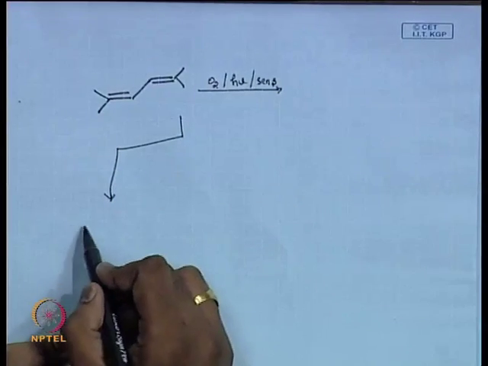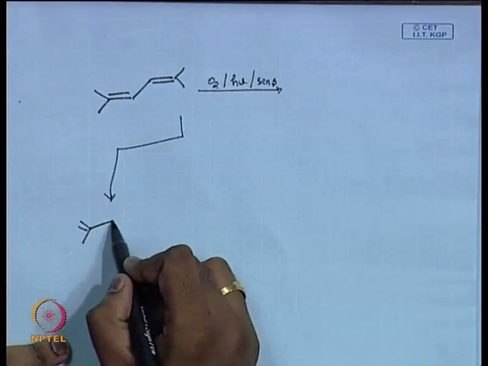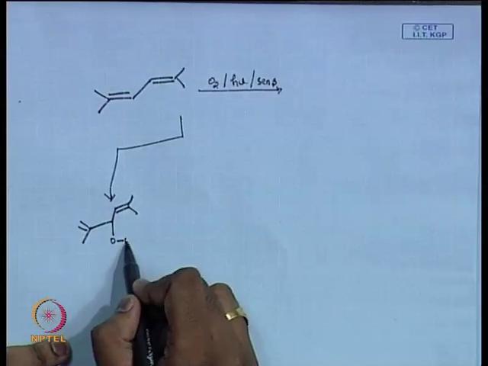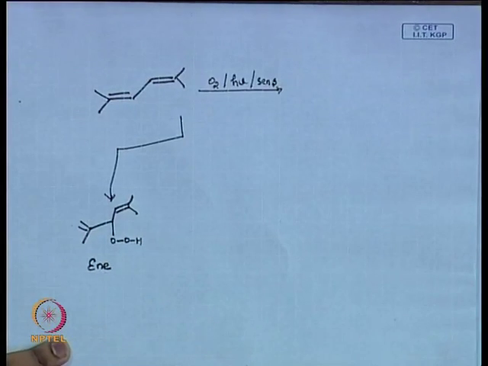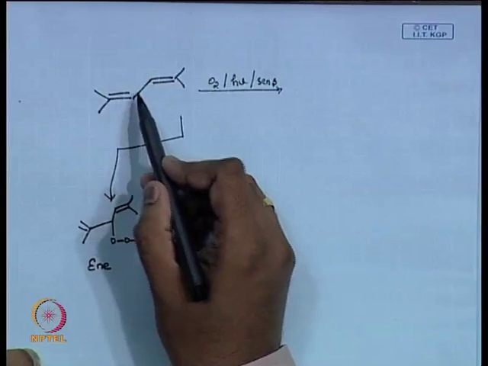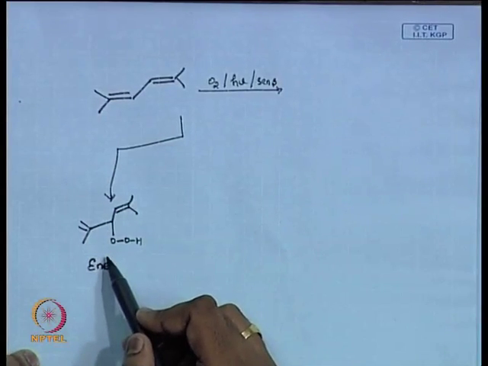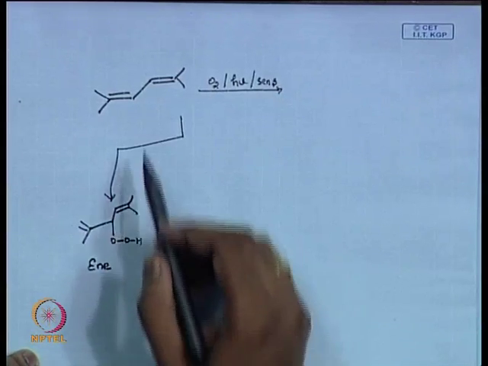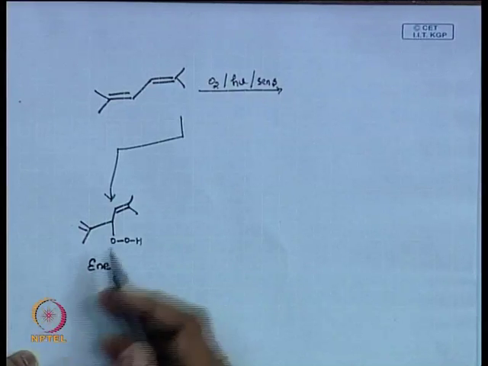Can you write the product? This you can get from the ene reaction, right. So, I can take this hydrogen from this product. Yes, I can get this product.